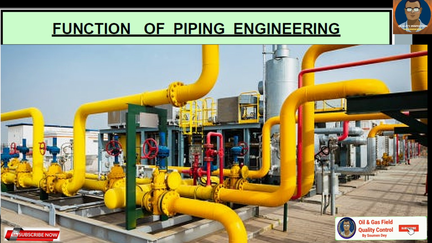This must be fulfilled at the minimum design cost without sacrificing the quality and desired function. The piping system will operate without physical failure or excessive pressure losses for the entire span of the designed plant life.